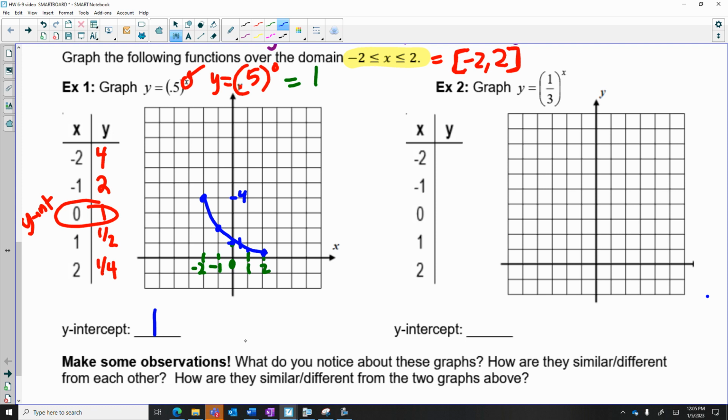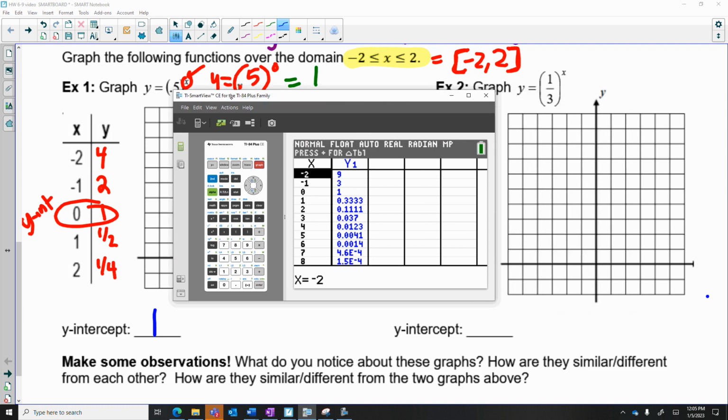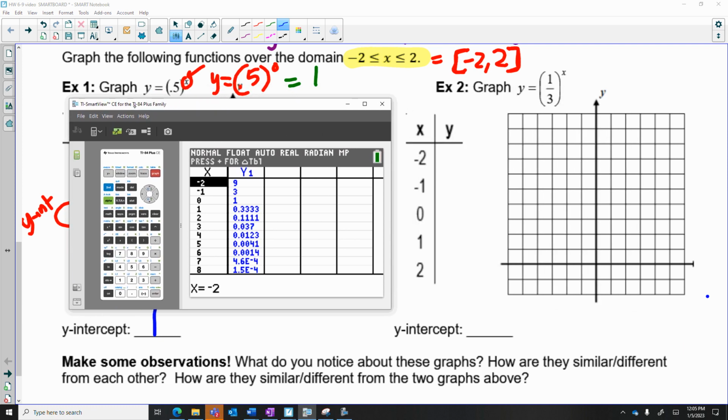(1/3) to the x. Here we go. Go to y equals. Okay. Let's copy it down. All right, so we have -2, 9, then 9, 3, 1, 1/3, and 1/9.